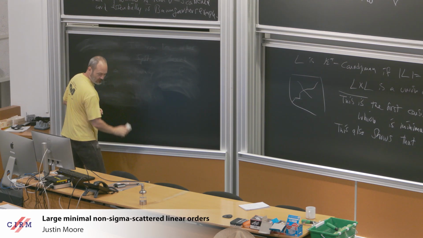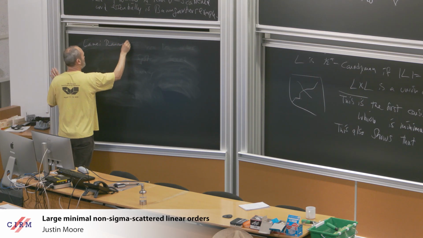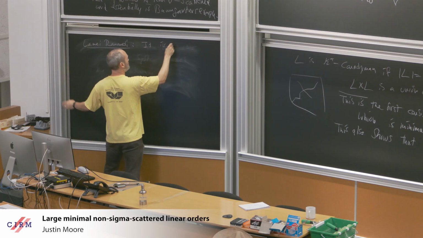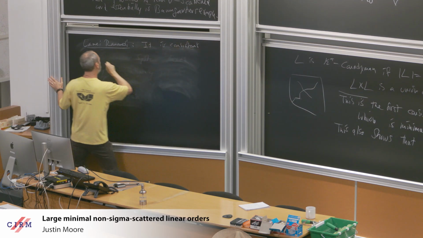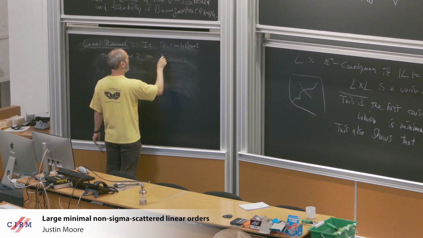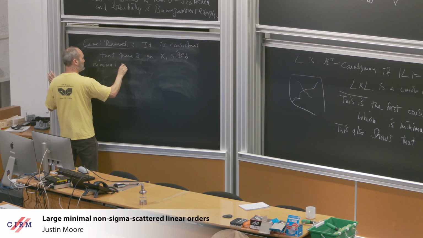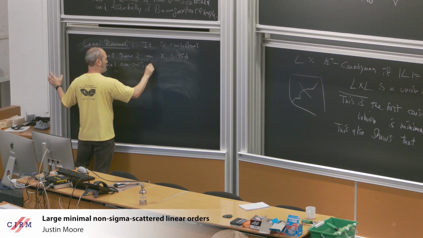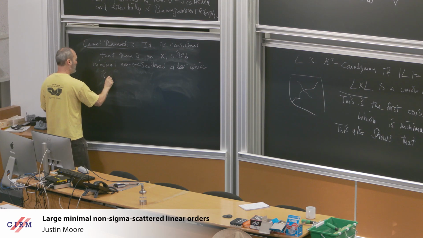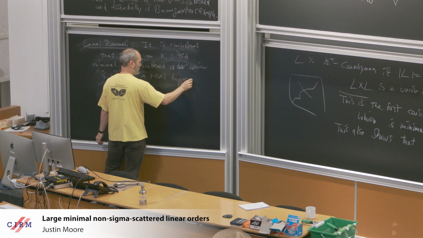Hossein Lamei Ramandi showed that it is consistent that there is an aleph 1 sized minimal non-sigma-scattered order which is neither a real type nor an Ehrenstein type.